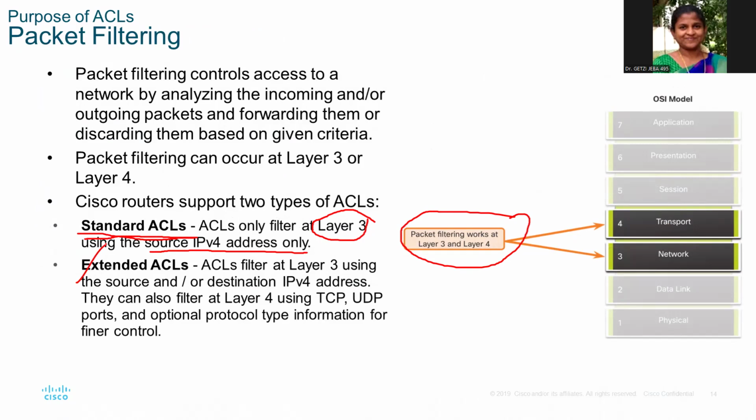Extended ACL permits or denies based on more information like source address, destination address, TCP or UDP, port number, and the protocol type, also FTP. So you can permit or deny based on more information. That is called extended ACL.